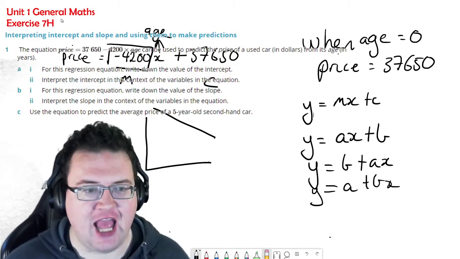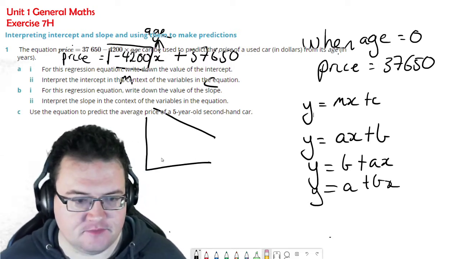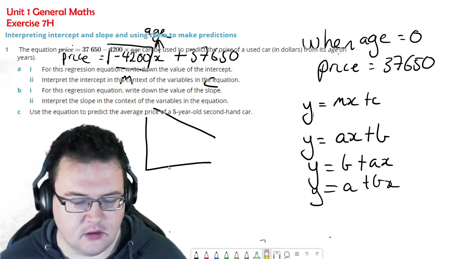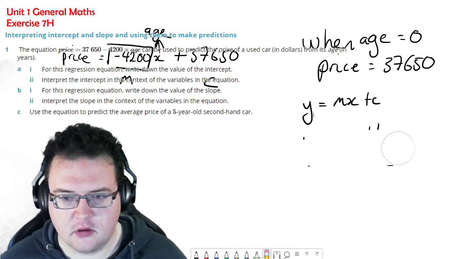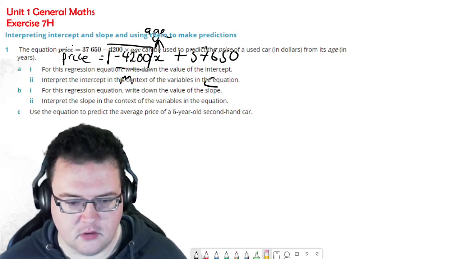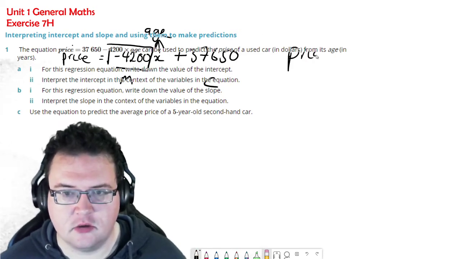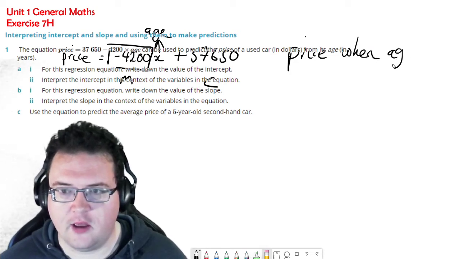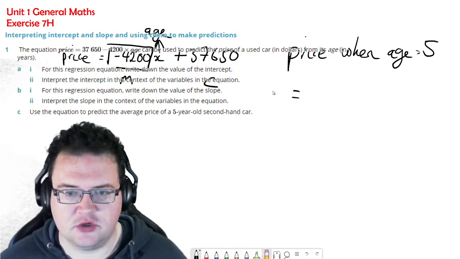And in this case, the age, we're told, is 5 years old. So our price when age equals 5.